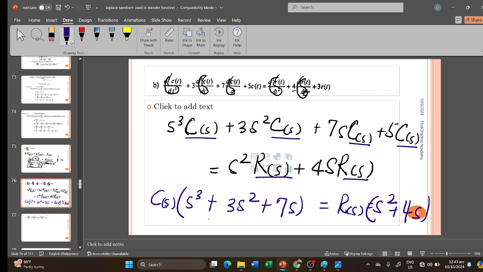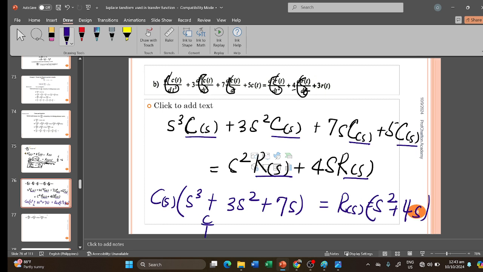Okay, so the transfer function is C over R, so we put the Laplace operator S. Oh, there's a plus 3 r(t), I guess.